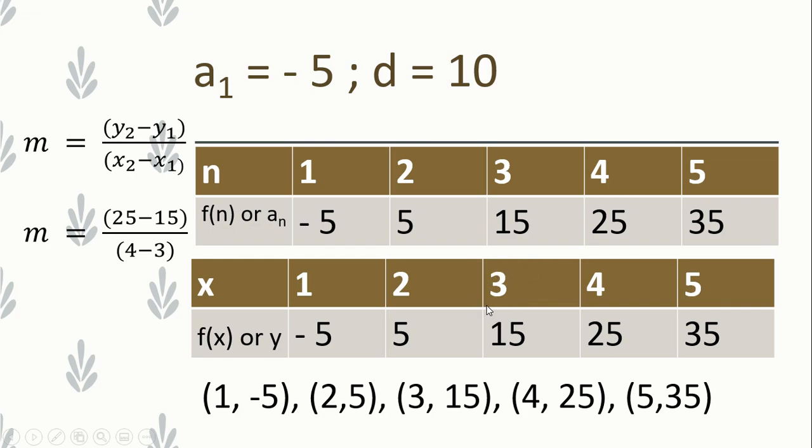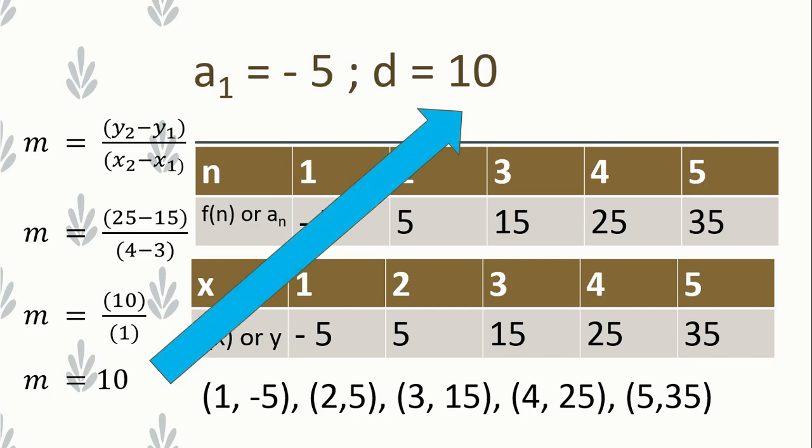By continuous evaluation, that's 25 minus 15, that is 10. 4 minus 3 is 1, and that is 10 over 1, which is 10. The common difference is the same as the value of the slope.